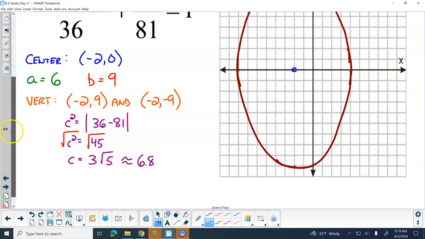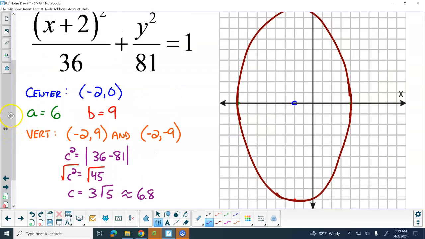So putting those on my graph, I'm going to go up 2, 4, 6 and put an F, and I'm going to go down 2, 4, 6, and a little bit more, and put an F. On Monday, did Roth tell you to put a V by the two vertices?